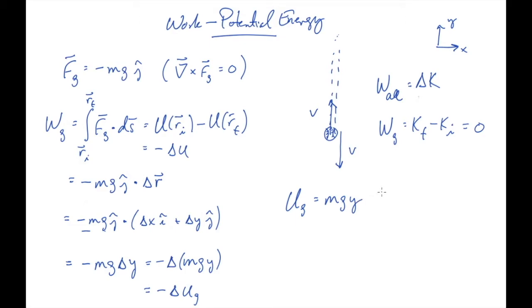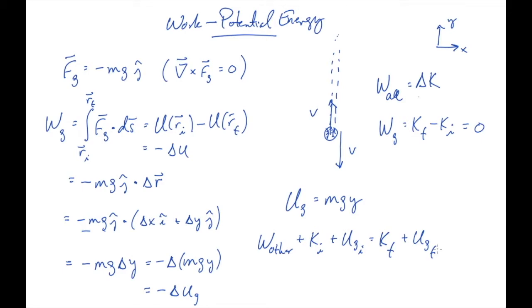And that's what gets used in our energy conservation equation. The energy conservation becomes the work done by other forces that we talked about last time, plus the initial kinetic energy, plus the initial gravitational potential energy, equals the final kinetic energy plus the final gravitational potential energy.